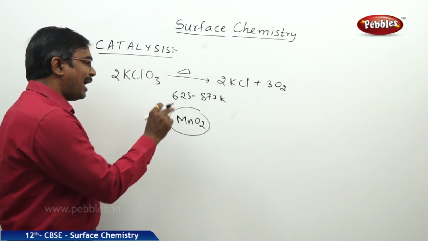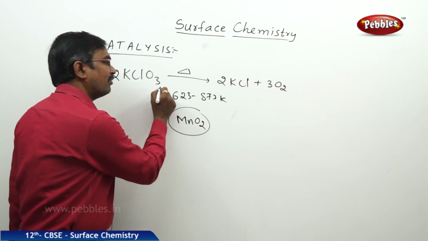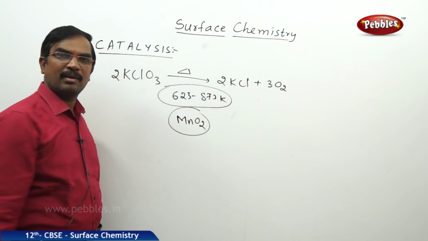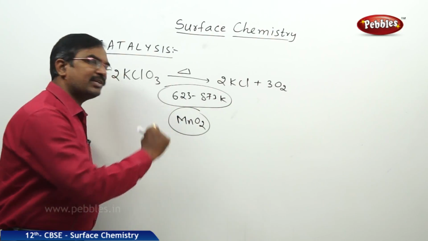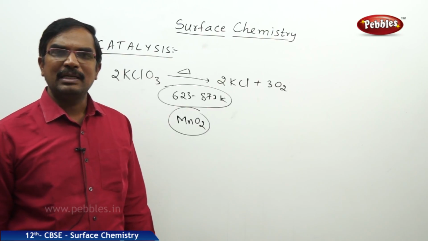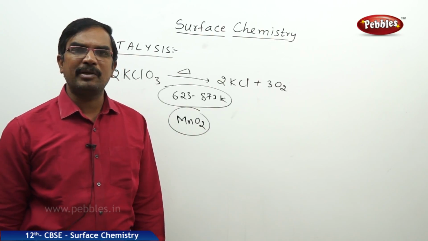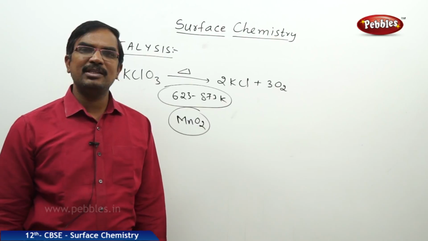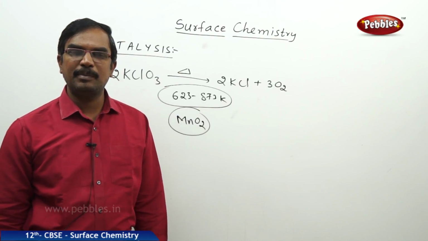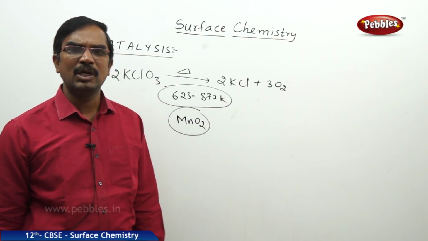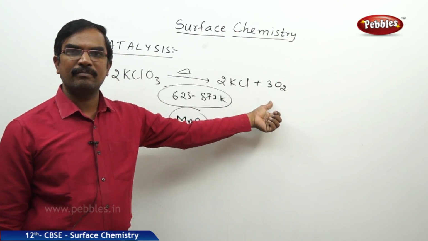That means in the absence of MnO2 we require large temperatures, but in the presence of manganese dioxide, the temperature required is low, as well as the reaction is enhanced. That means the reaction becomes faster to give the actual products.